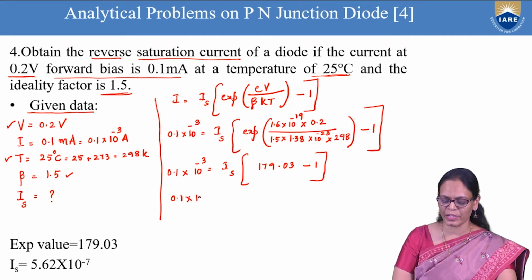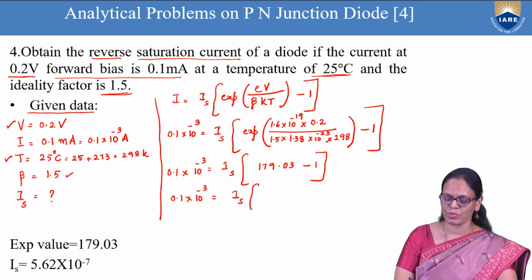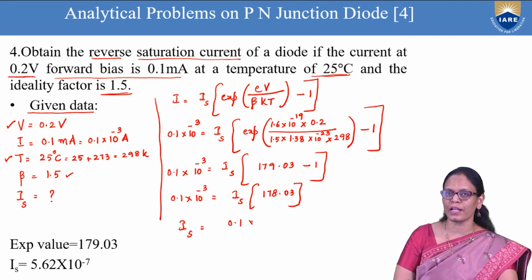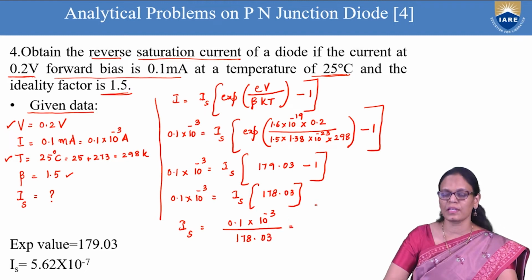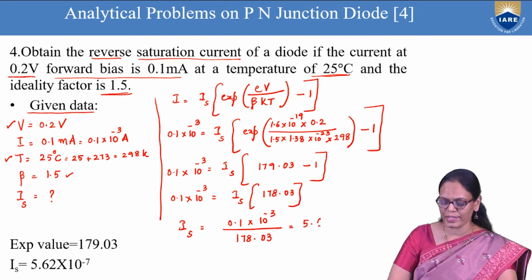So Is into 179.03 minus 1, which is 178.03, and Is will be equal to 0.1 into 10 power minus 3 divided by 178.03. So this gives us 5.62 into 10 power minus 7 ampere.